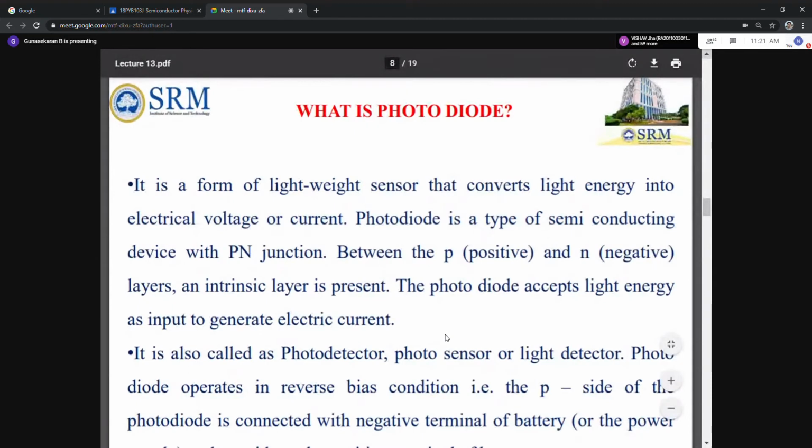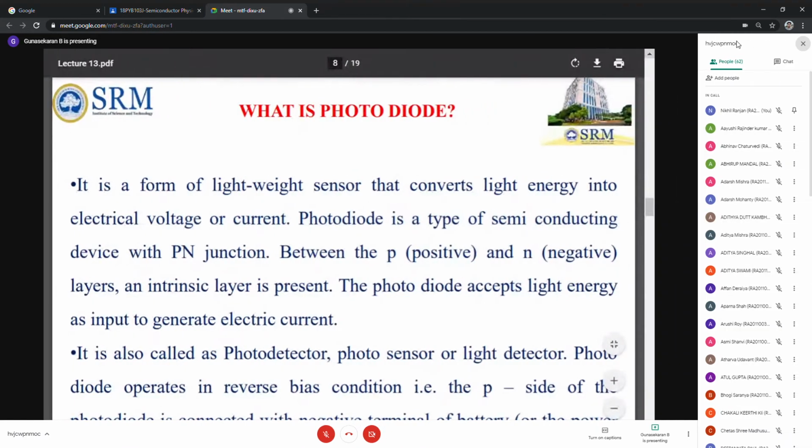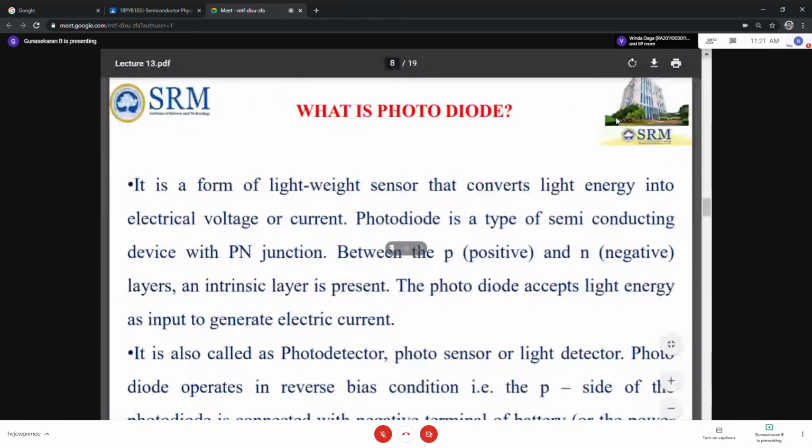Definitely in between the PN junction, an intrinsic layer is also present, and it converts light energy into electric energy, useful electric current. That is the basics of the photodiode.